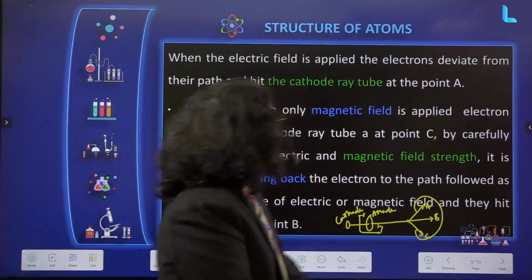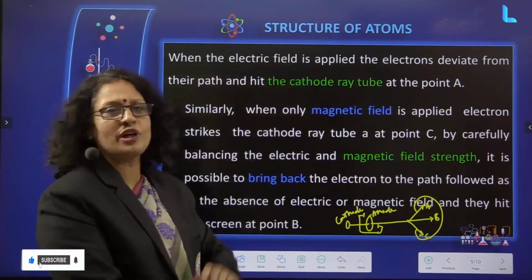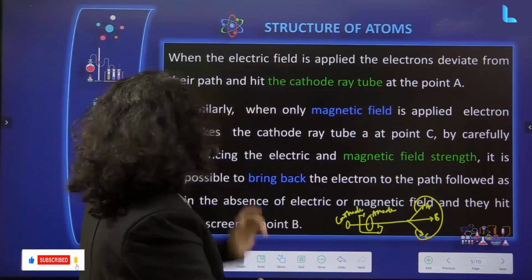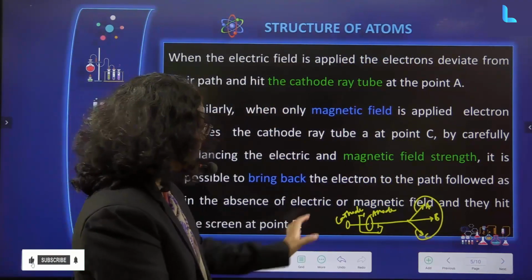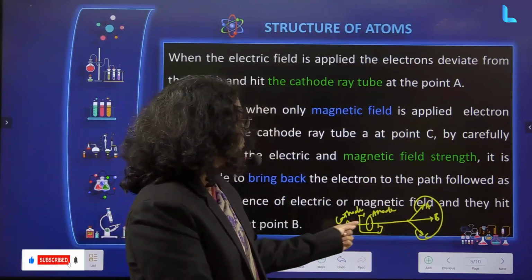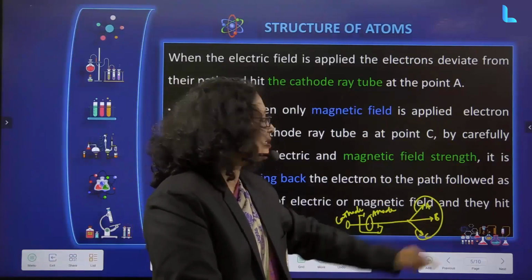So let's discuss that. When the electric field is applied, the electrons deviate from their path in a cathode ray tube. Now you can see here the cathode and anode, and the radiation is passing through it.